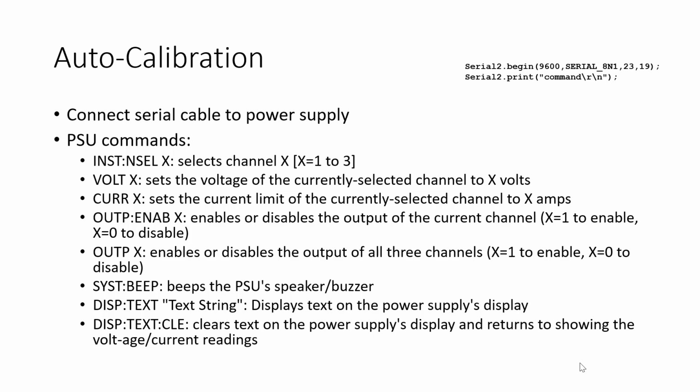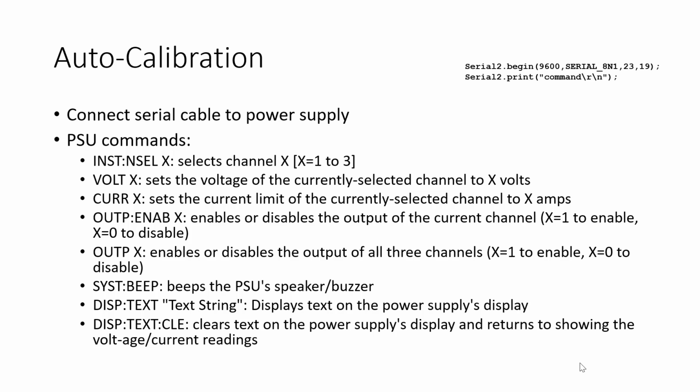Now the power supplies, the strange thing about them is that the control of the power supplies is mutually exclusive. You can only control them from the buttons or from the serial port, but not at the same time. So you have to put them into a mode where they're controlled via serial port, and once you do that, it locks out the front panel.